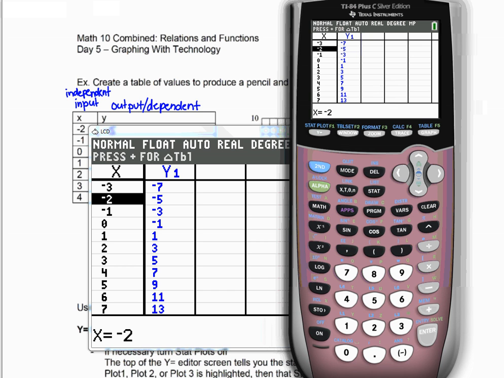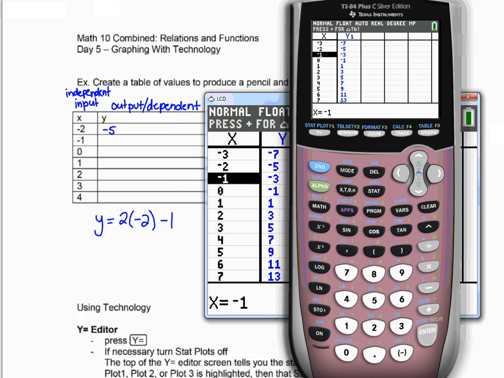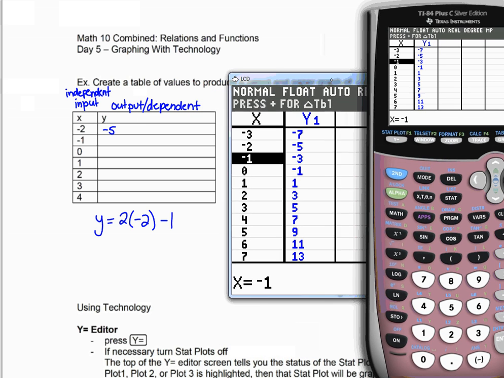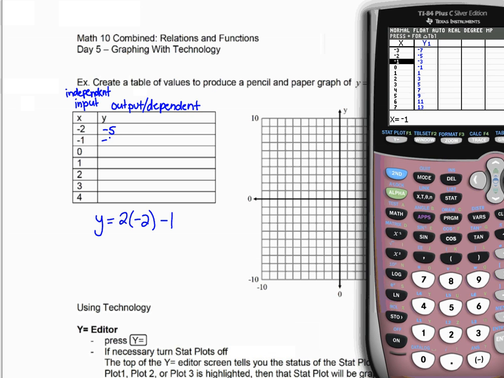You see that? -1, y is -3. So let's fill those in. When x is 0, y is -1. 1 is 1. 2 is 3. 3 is 5. And 4 is 7.